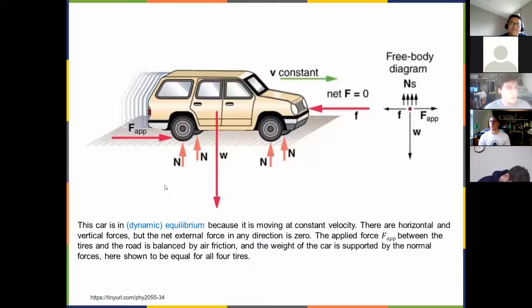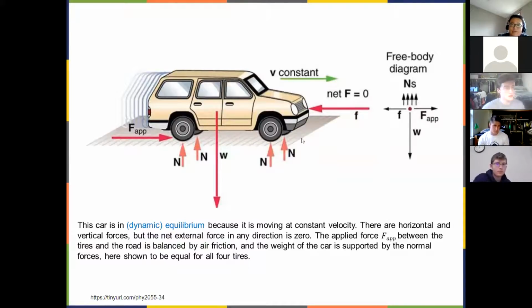Now, if the net force on the object is equal to 0 but the object is moving, then it's in dynamic equilibrium because it's moving. In this scenario, if the car is moving with a constant velocity, that means net force is equal to 0. In the x direction, the force applied to the wheels, the static friction, should be equal to any resistance force that the car receives, mostly air resistance.